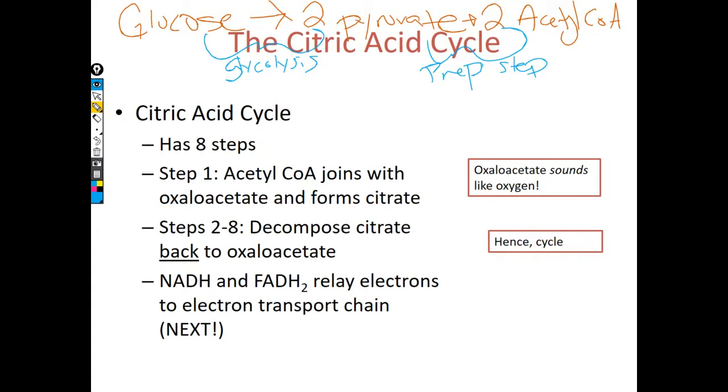Now we're in the citric acid cycle, and we just started a summary for this at the end of class. We said we're in the mitochondria. Remember, the mitochondria is like Alcatraz. Once you're inside, you never leave. We'd entered the mitochondria in the prep step.